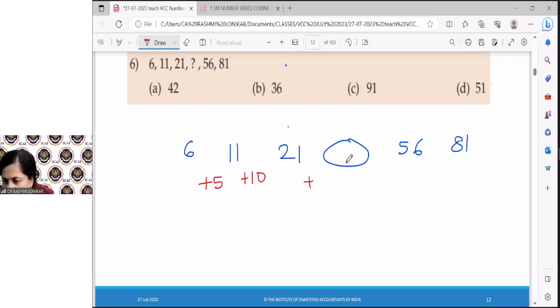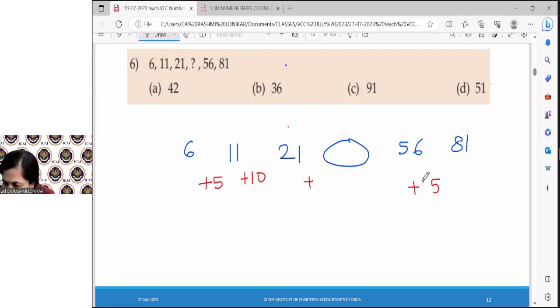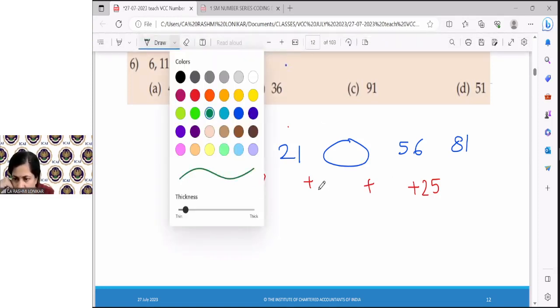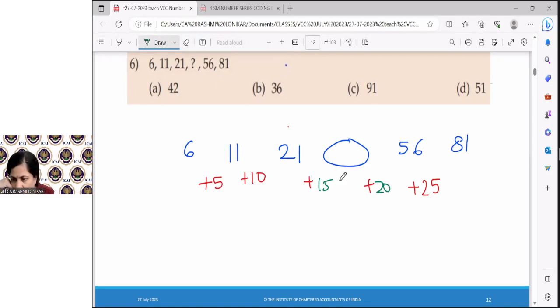Now I don't know this. 56 and 81. How much is this? 25. Yes. So I have 5, 10 and here it is 25. So most probably the answer will be plus 15 plus 20. Okay. Because this is a table of 5. Will this always be true? No, I have to try something.